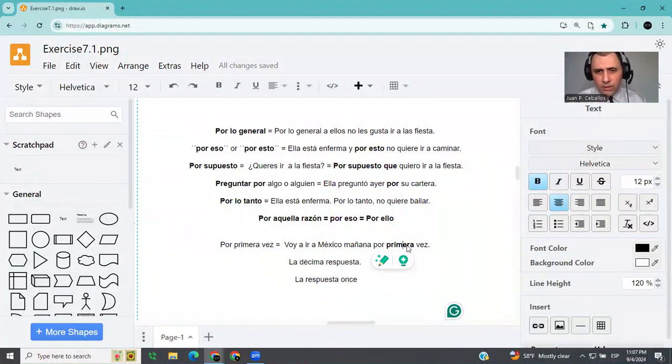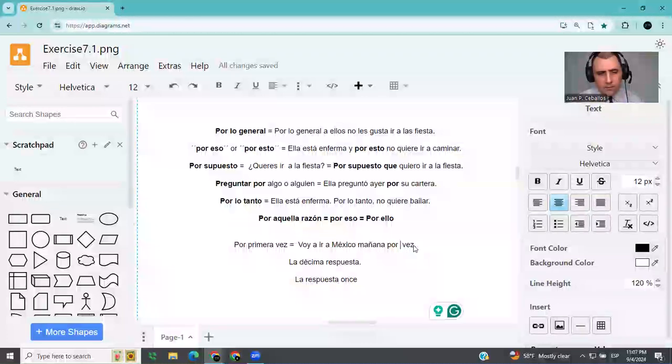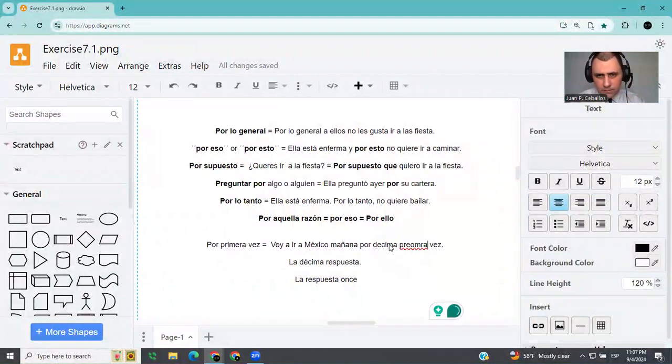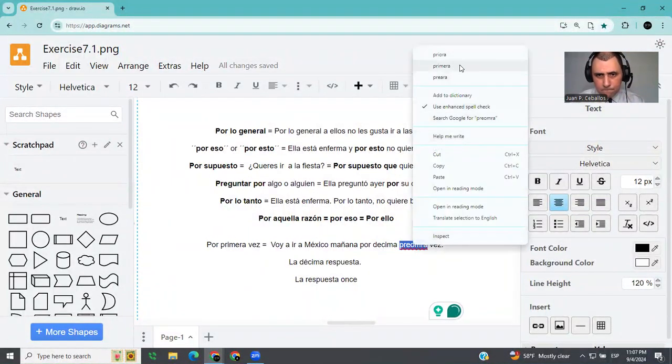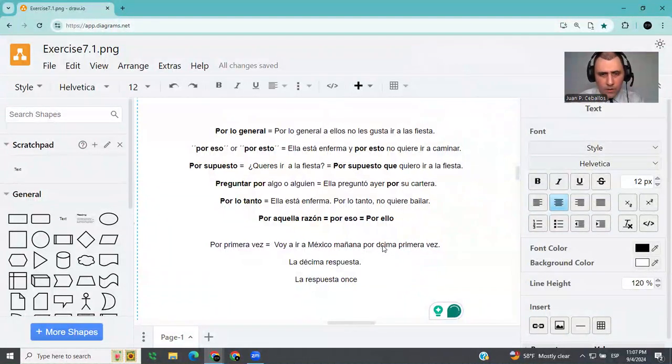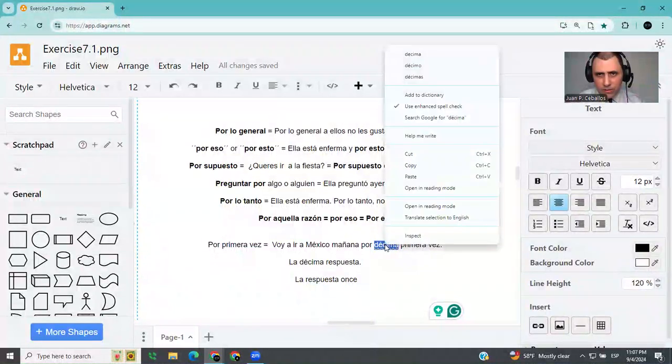For example, if I want to say the 11th: voy a ir a México mañana por la 11ª vez. Now, ordinal numbers after 10 are not very common in Spanish.